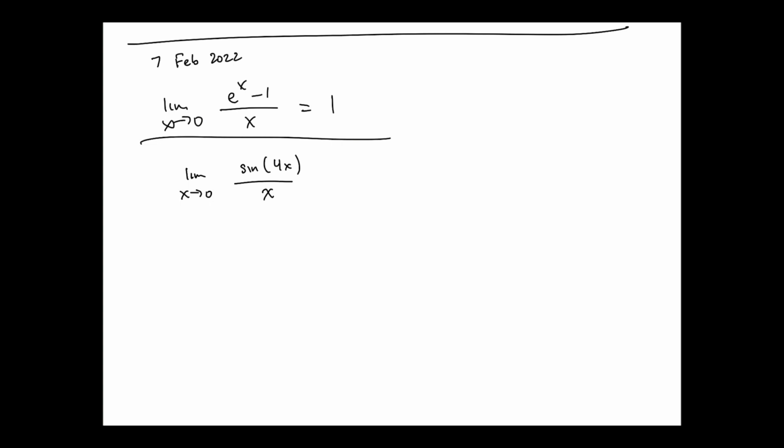Well, let's try this. You'll see why I'd pick that in a moment. Okay, so let's multiply it out. And so I'm going to write this as 4 sine of 4x over 4x. Same thing, I've just arranged it slightly differently. Now, as x goes to 0, what does 4x do?